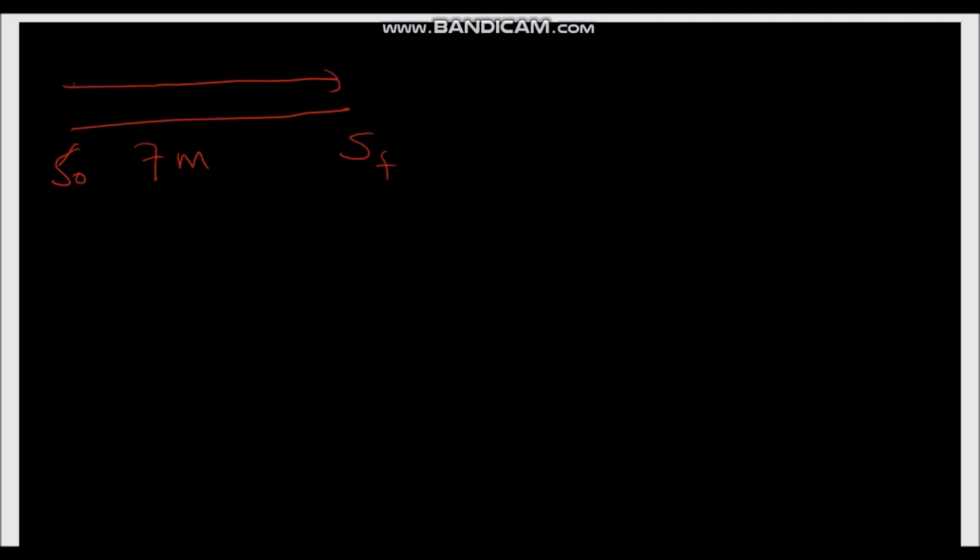That means the distance, if the object moves from this position to this position, let's say 7 meter, the direction is towards the east, so the distance is 7 meter only. What about the displacement?